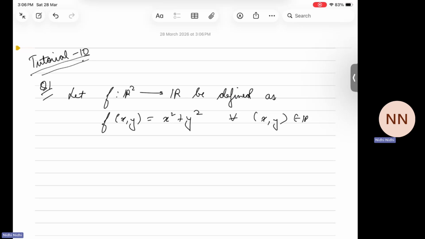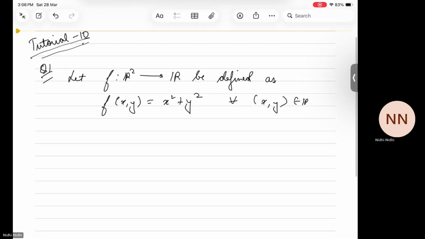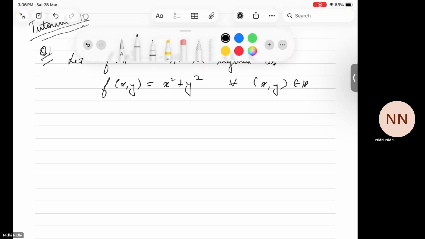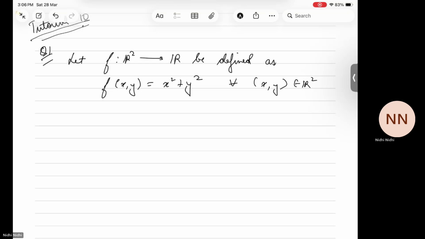State whether true or false: the function f has exactly one point of local maxima.